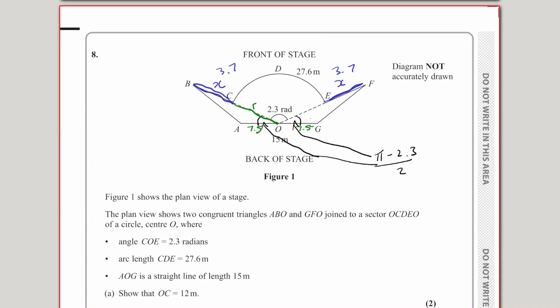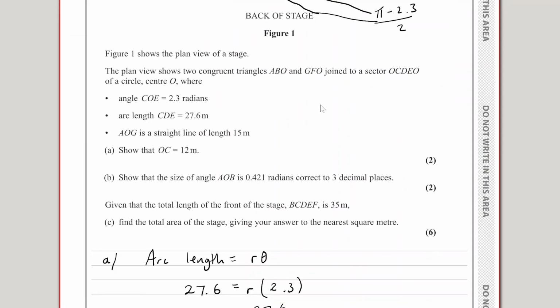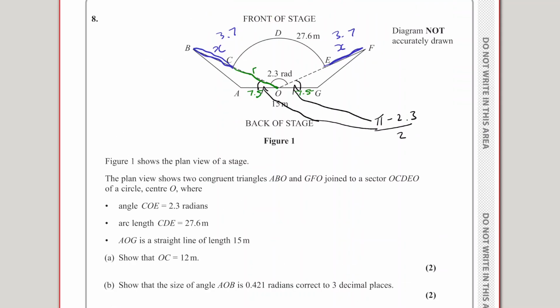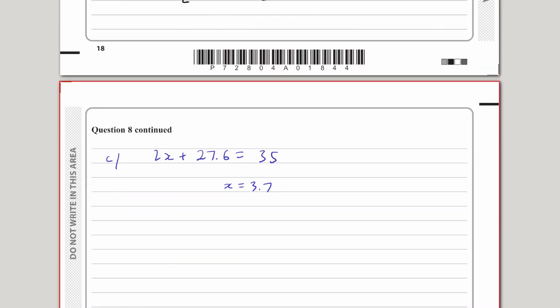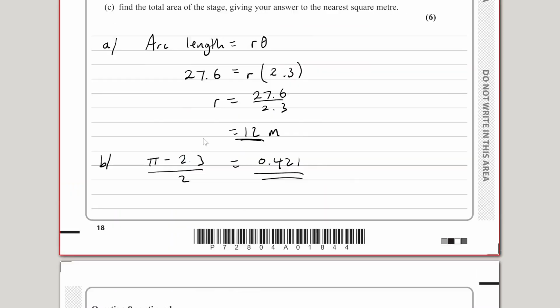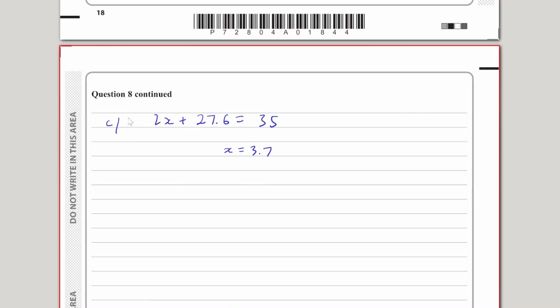So we can find that total length, and then we'll have all the information we need, because we can find the area of the triangle using half ab sine C. So let's find O to B. The total length O to B is going to be O to C plus x, which is 12 plus 3.7, which is 15.7.